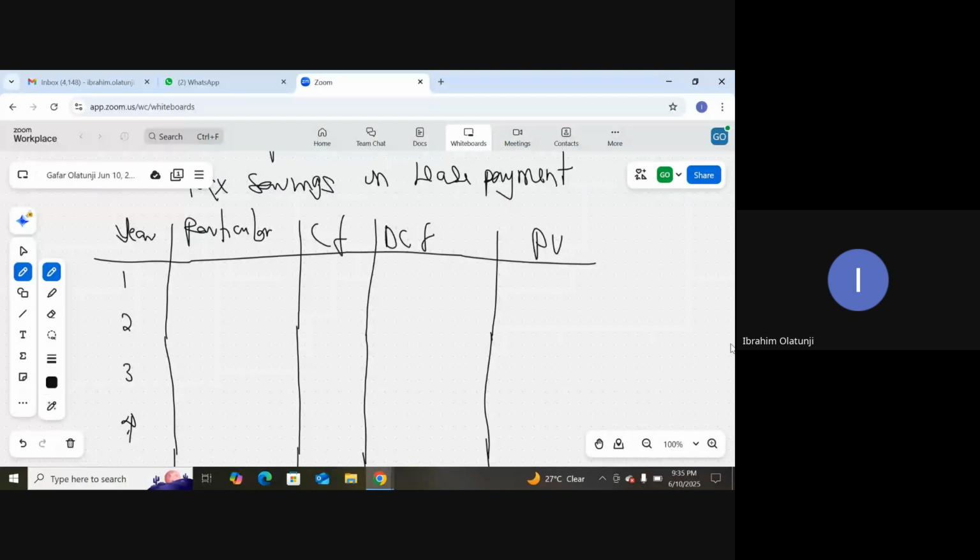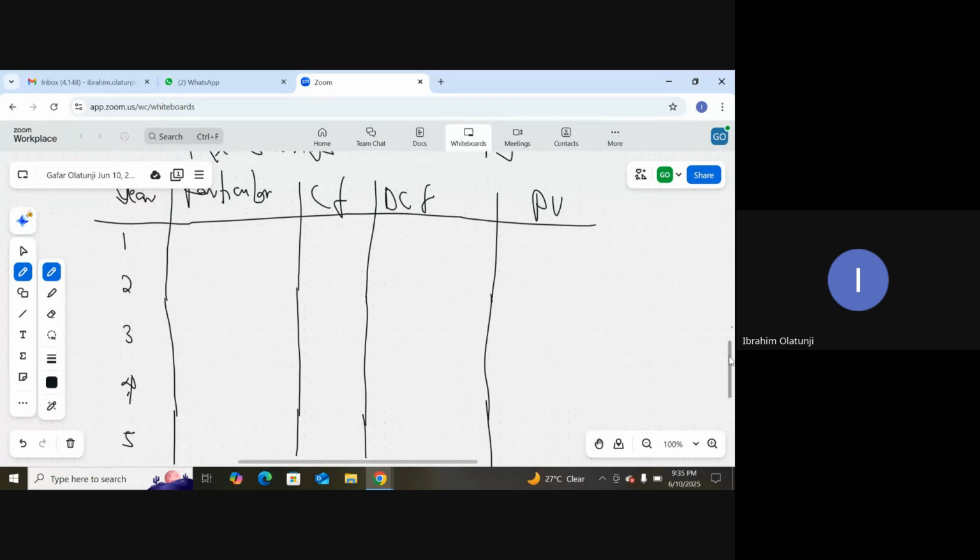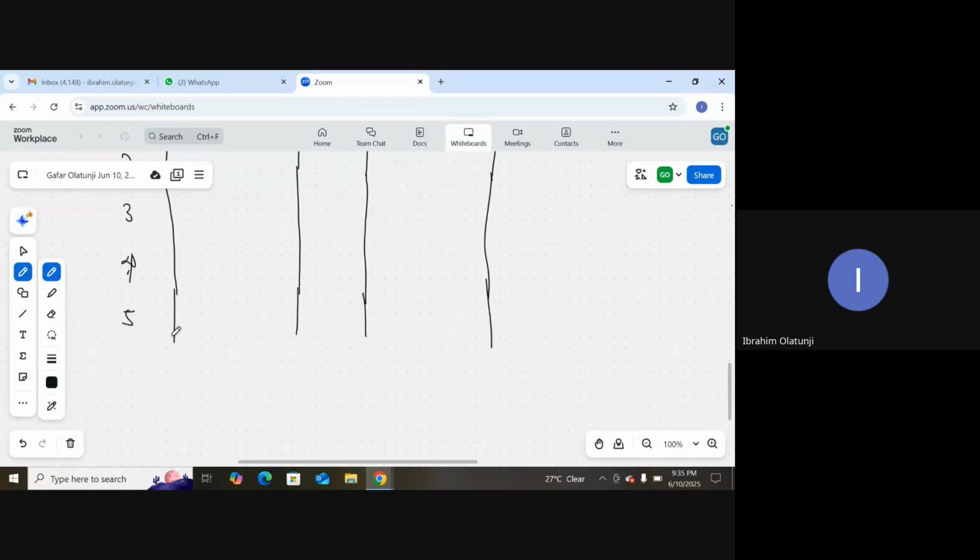That is why I did not start with year zero. Under the traditional method, I start with year zero, which is initial outlay. But here, nothing like year zero, because I am not doing it based on investment. Is it clear? Yes, sir, it's clear.